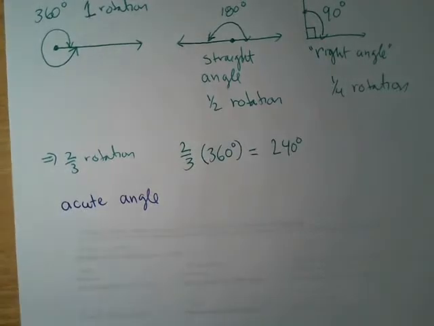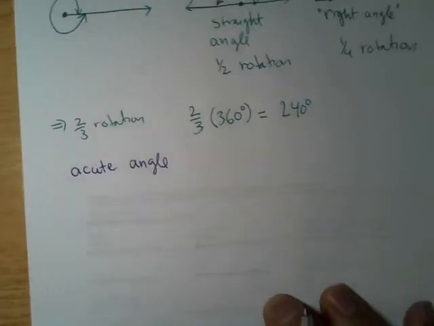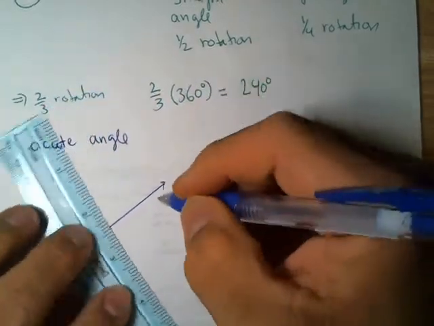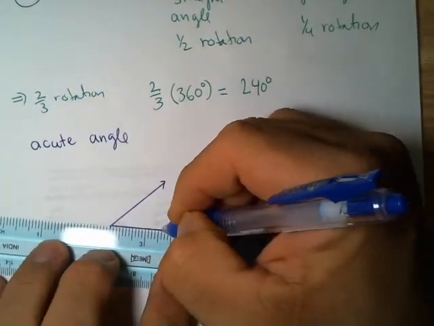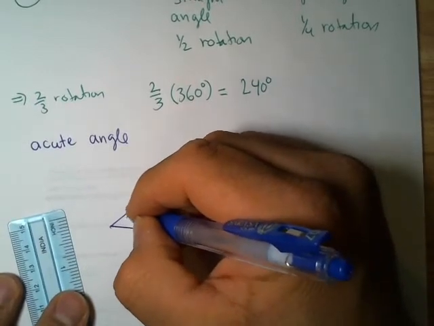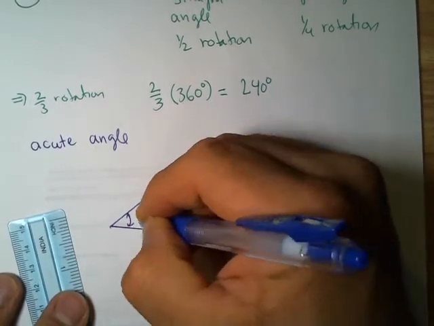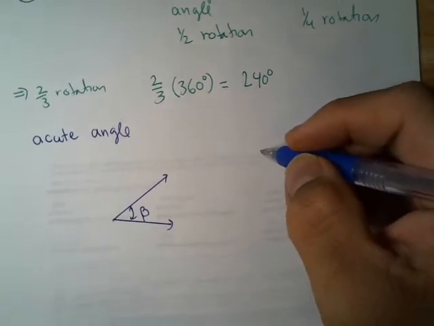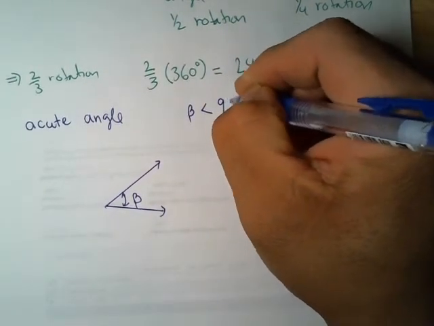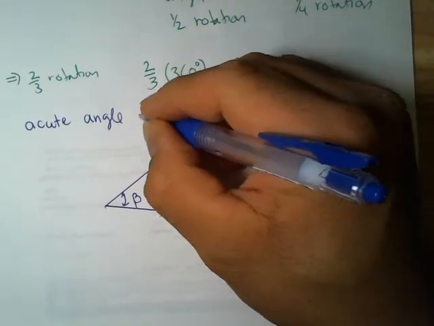An acute angle has the property that it is bigger than 0 but less than 90 degrees. Let's say we call this beta. So an acute angle has a property where beta is less than 90 degrees but greater than 0 degrees.